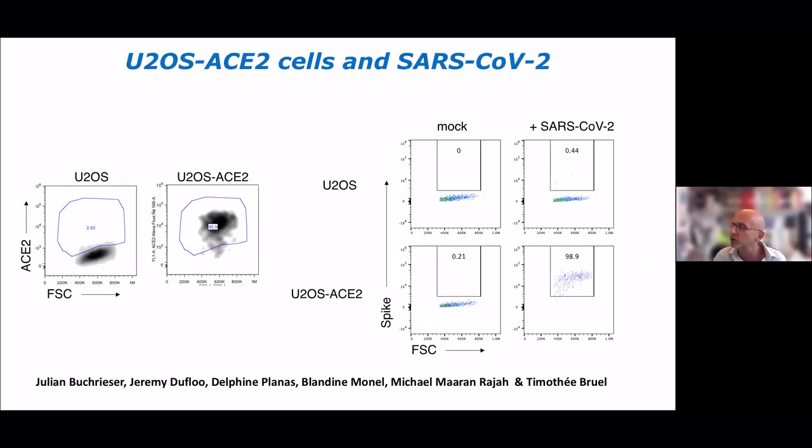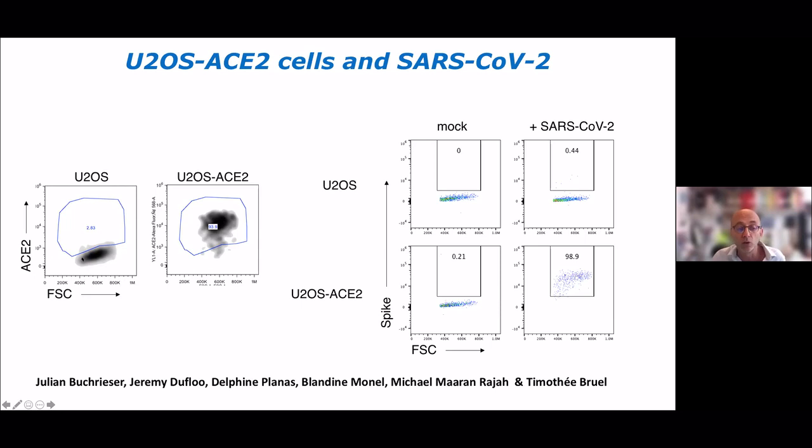So now a few words about the experimental systems that we are using, and I wanted to describe the cell type, called U2OS, that we have been using a lot for our studies. We selected those cells because they are flat, and this facilitates imaging and automated imaging of the cells.